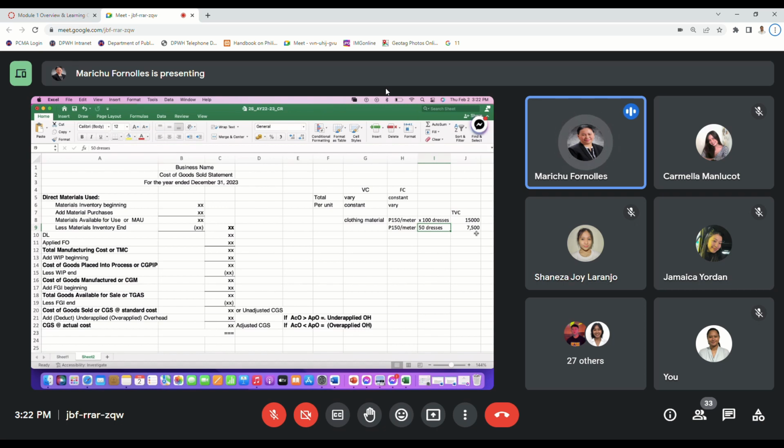So the cost of the clothing material is a typical example of a variable cost. Now, what about the fixed cost? The fixed cost is constant in total but will vary on a per unit basis. For example, the monthly rental of the warehouse is 50,000 pesos.